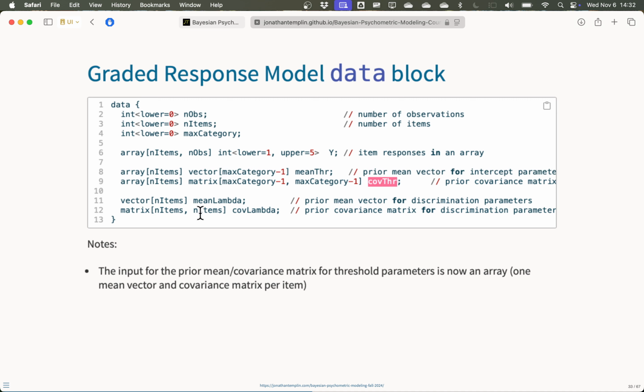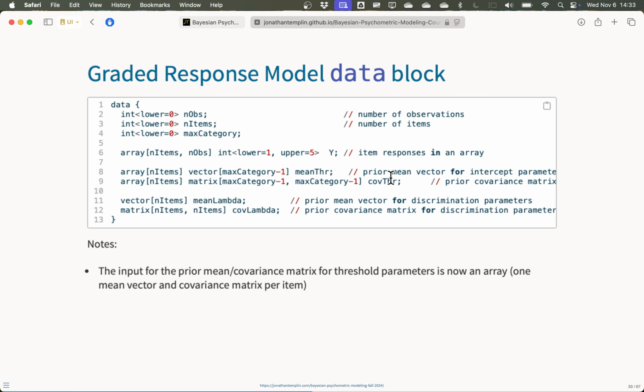For the covariance matrix for those thresholds, a similar thing happens. Remember, this is a 3-dimensional array because each item has its own 4x4 covariance matrix. So similarly, we define an array of n items, in our case 10, and we declare the type of variable to be a matrix. And that matrix has size 4 by 4, for example, or max category minus 1 by max category minus 1.